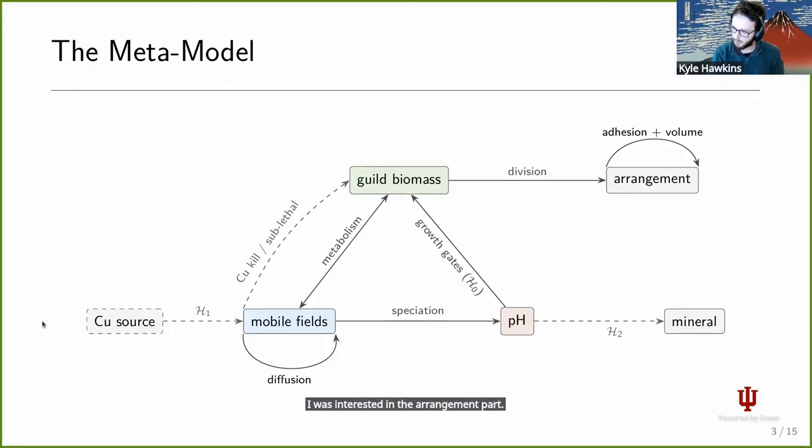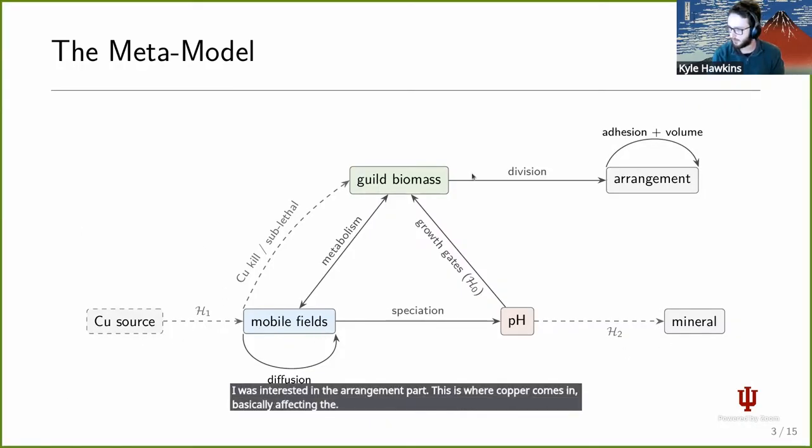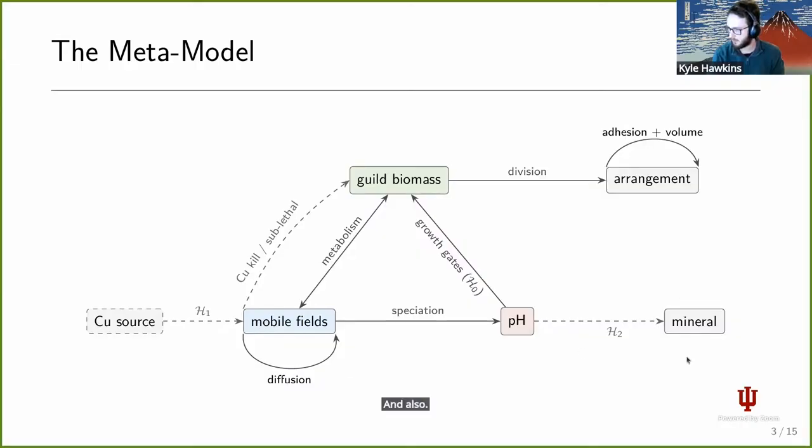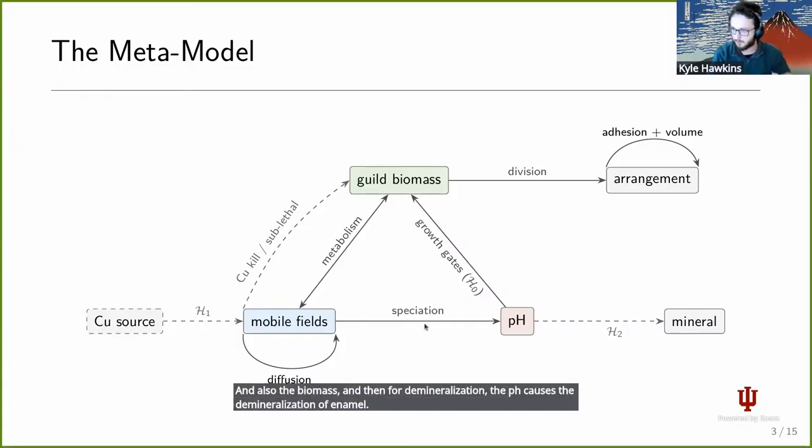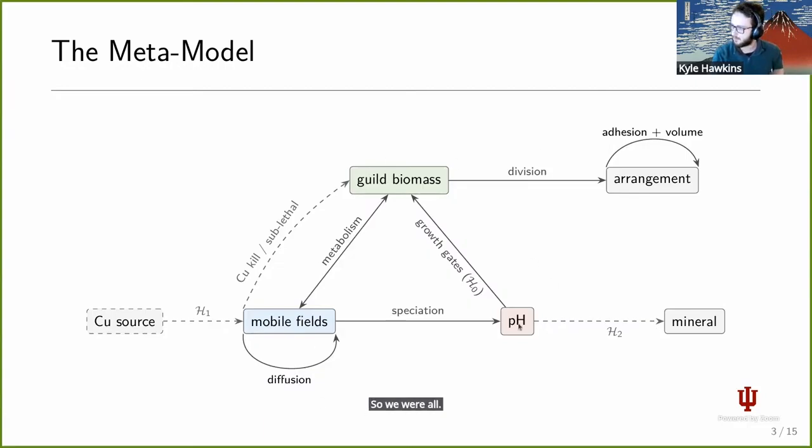This is where copper comes in, basically affecting the fields and also the biomass. And then for demineralization, the pH causes the demineralization of enamel, and that's where that comes in. So we were all working towards developing this core here.